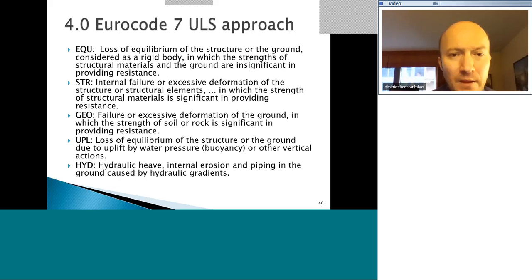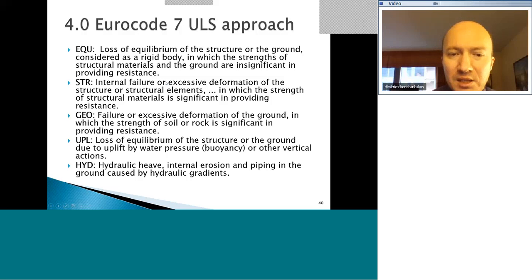But the general idea is that you're defining different states where failure could potentially happen, and you're trying to, of course, avoid it. So we have EQU, loss of equilibrium of the structure or the ground, considered as a rigid body in which the strengths of the structural materials and the ground are insignificant in providing resistance.